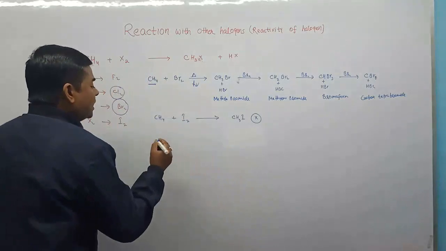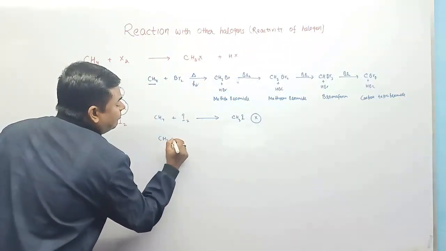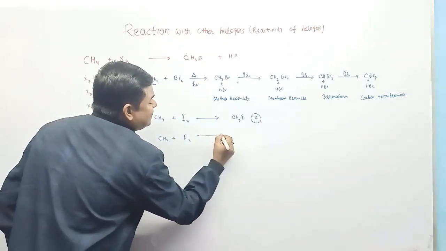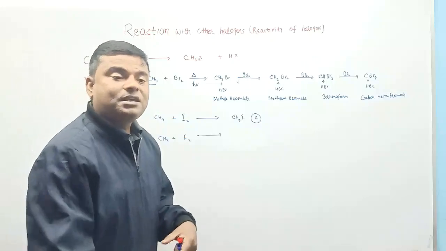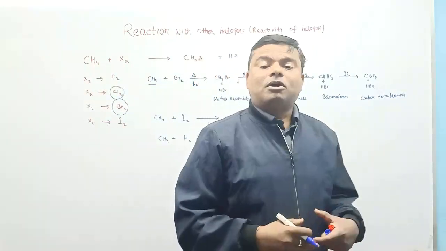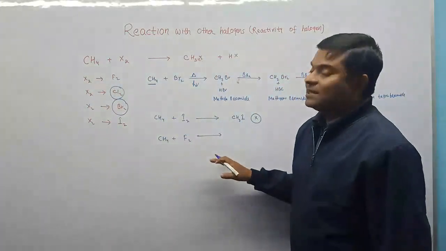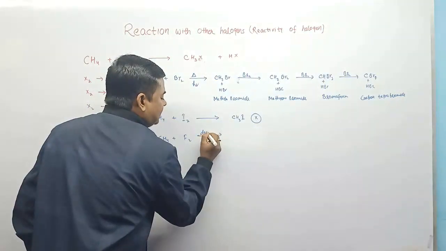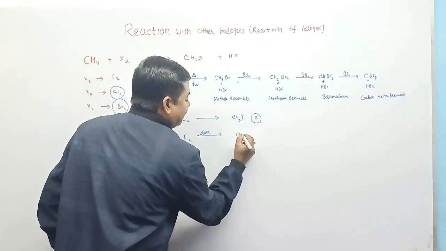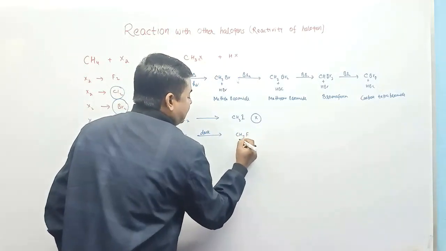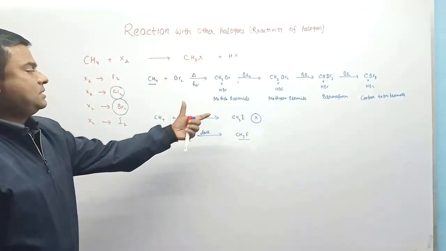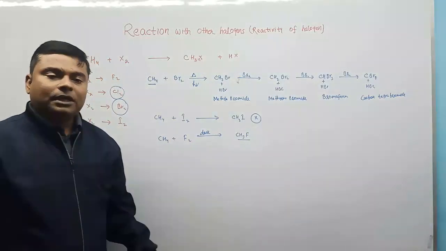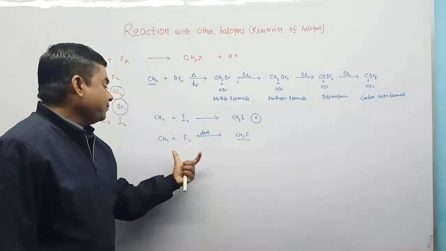If we treat methane with fluorine, the reaction is very vigorous, the reaction is very fast, even if this reaction takes place in dark conditions. So we have CH3F, that is methyl fluoride. Very fast reaction here.